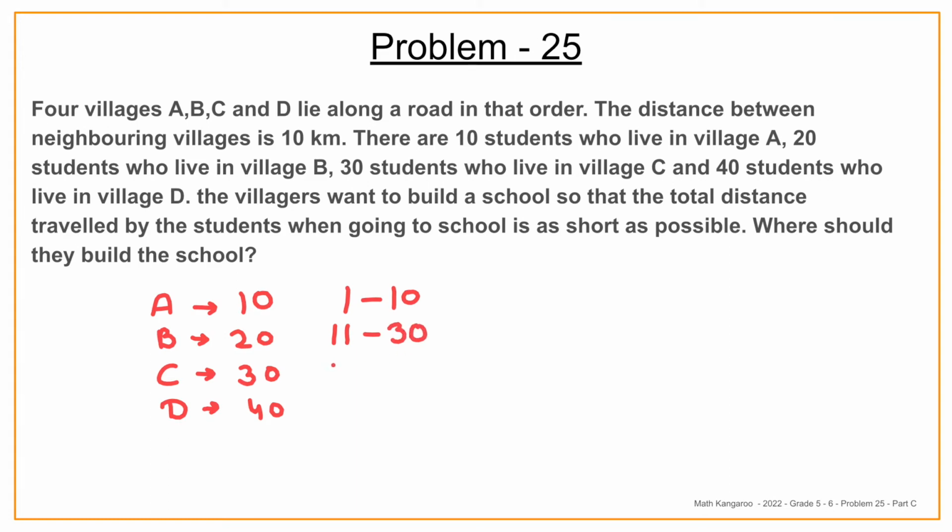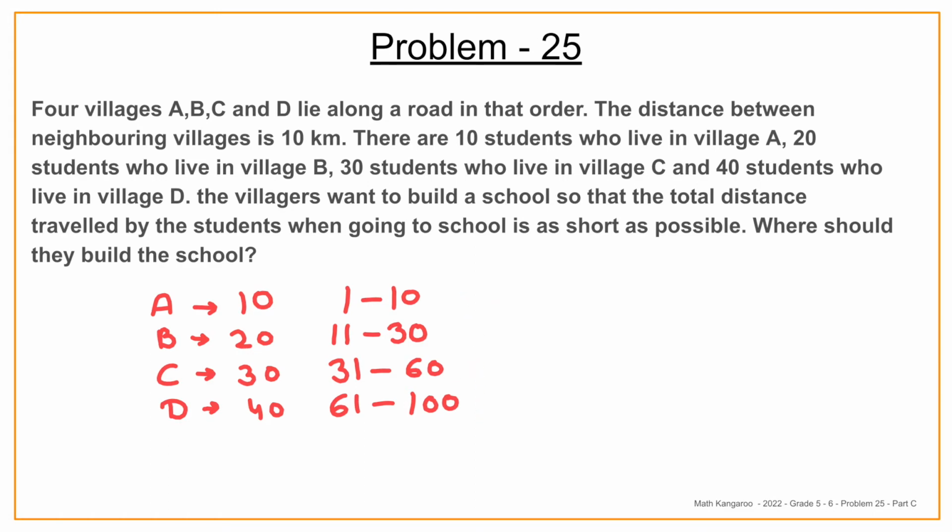Now in village C, we will start from 31 and put stickers on 30 students. The last student will be 60. In village D, we will start from 61 and put stickers on 40 students. So the last student will be 100. So we have 100 students in total. So this is our cumulative count.